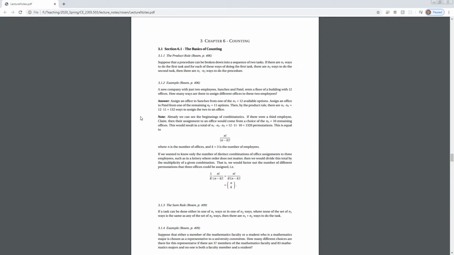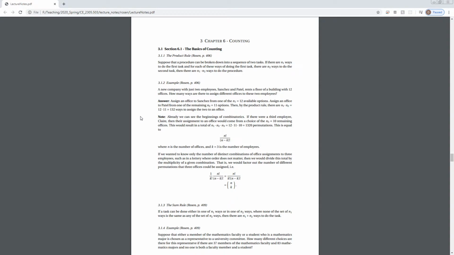So this follows from that line of thinking. And so if you can do the first one in n1 ways and the second one in n2 ways, then the number of ways you can do them both is n1 times n2.